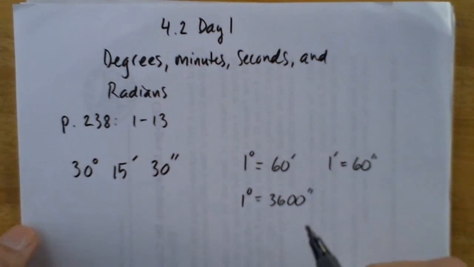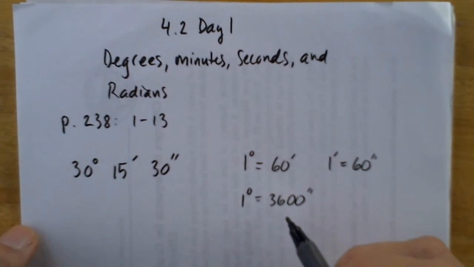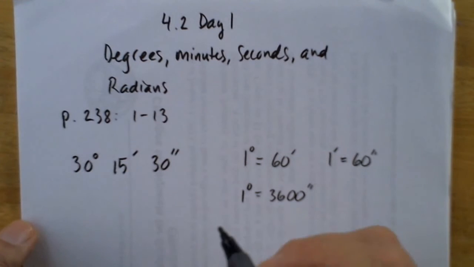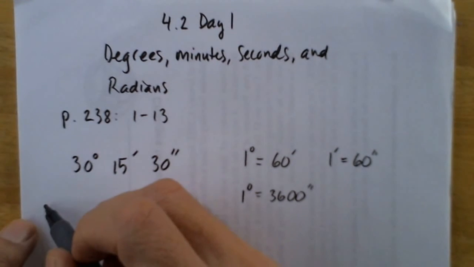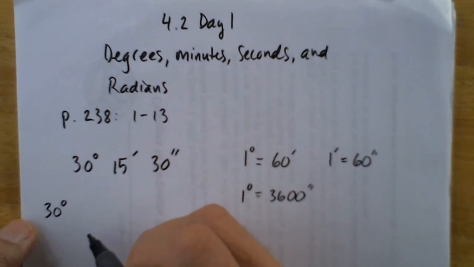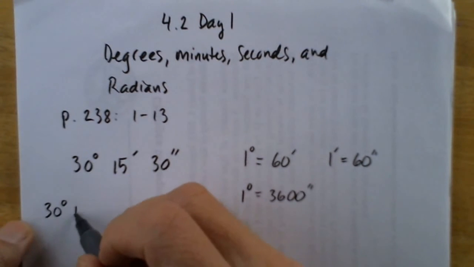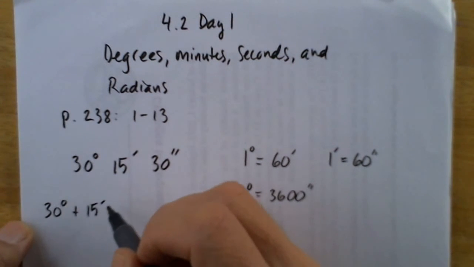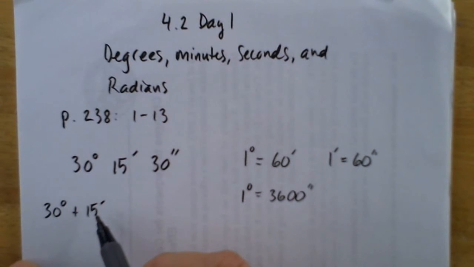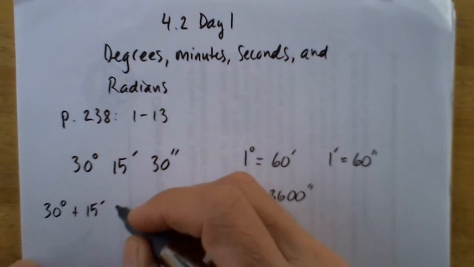And so here is how they're related, and now we can just convert. So if we have 30 degrees, then we would do plus 15 minutes. We want to cancel the minutes and replace it with seconds.